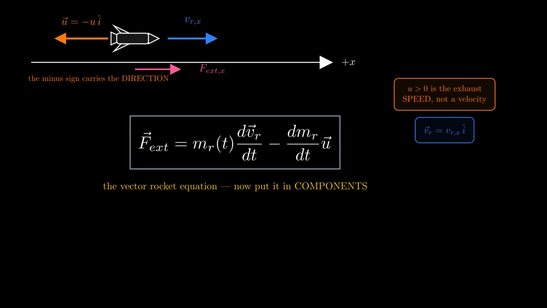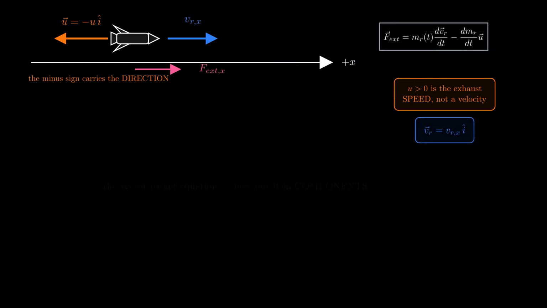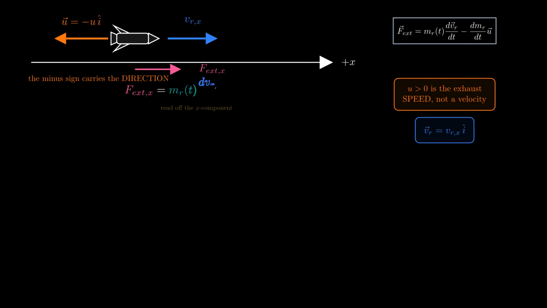The rocket's velocity component is v_rx. Substitute into the rocket equation and read off the x component: F_x equals m_r of t times dv_rx/dt plus dm_r/dt times u. Watch the sign flip: the equation's minus sign times the exhaust's minus u gives plus dm_r/dt times u.